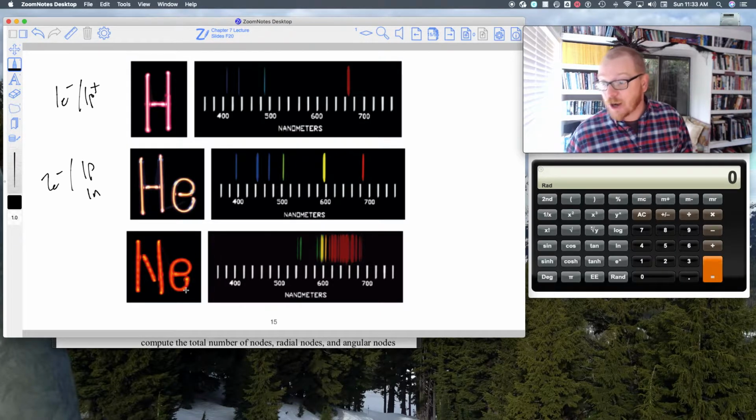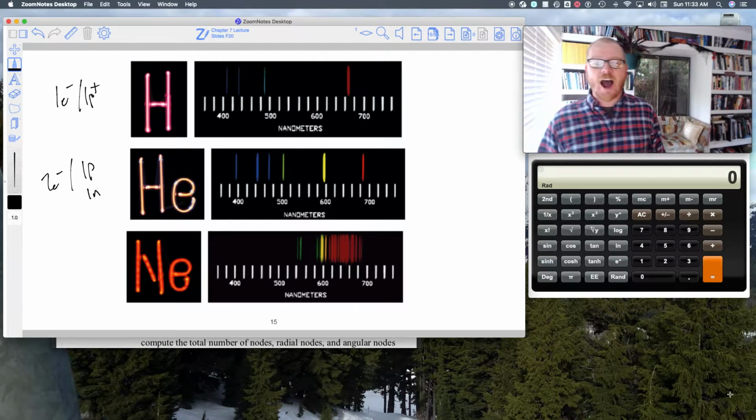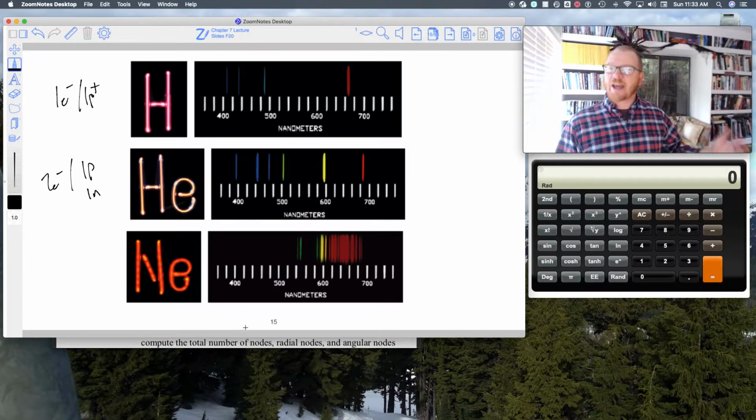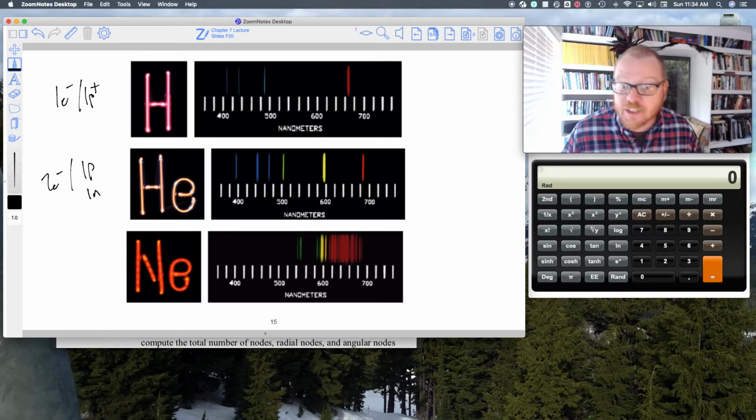And then right here's our famous neon lamp. There's a reason why neon lamps always look kind of red, because you can see the majority of those characteristic fingerprint lines are red. In fact, you can make some yellow and some green neon lights if you filter out those red wavelengths. But notice how there's nothing that's blue.